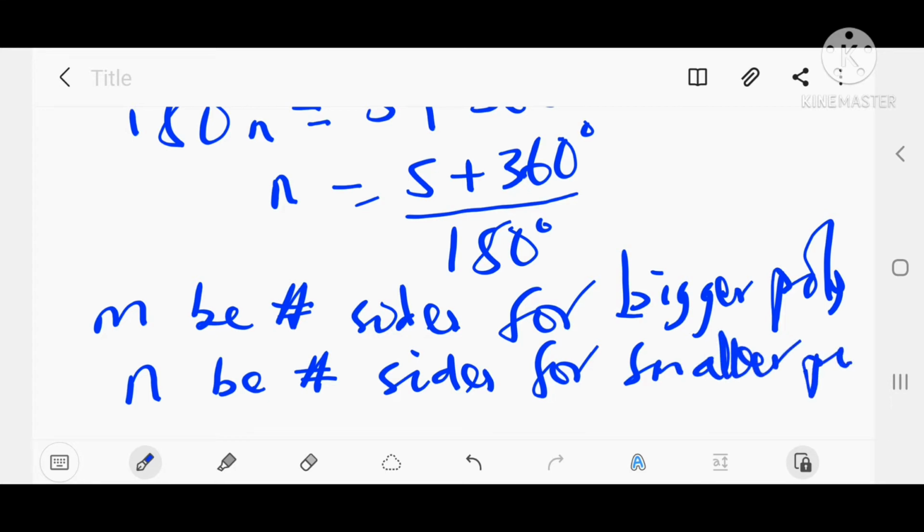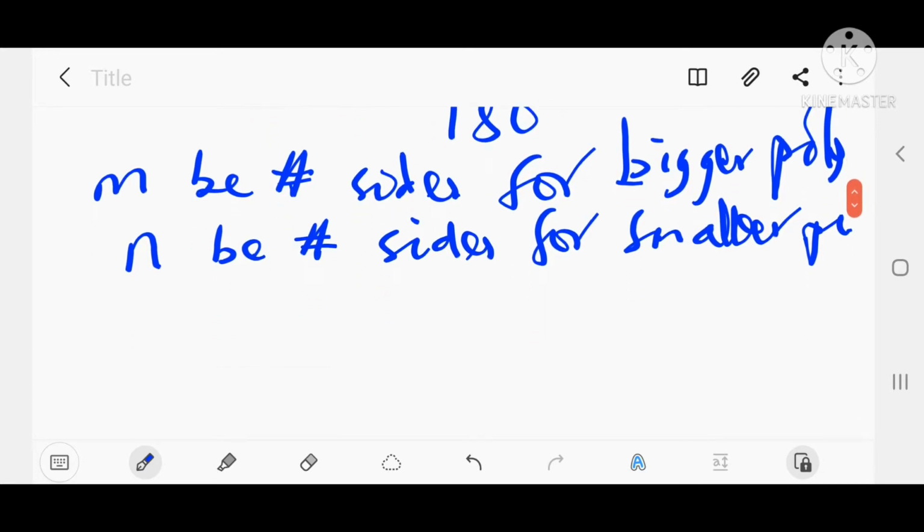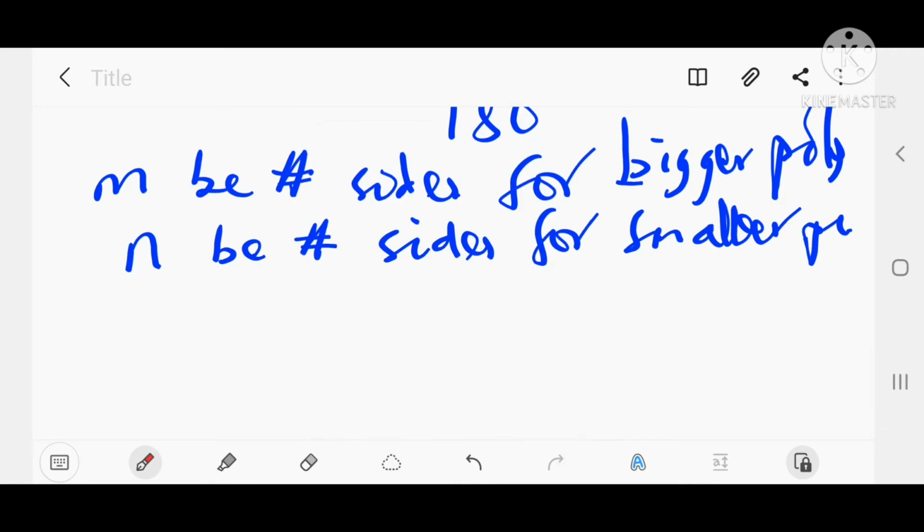We should also have the sum of the interior angles of the polygon. So we let the sum of the interior angles for the larger, bigger polygon be s, and that of the smaller one be z.